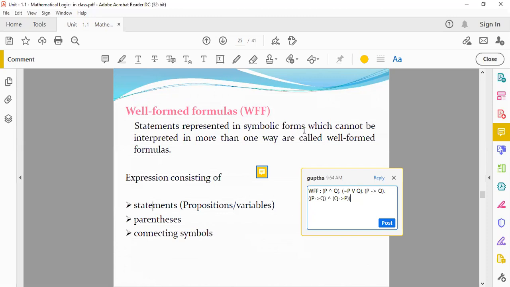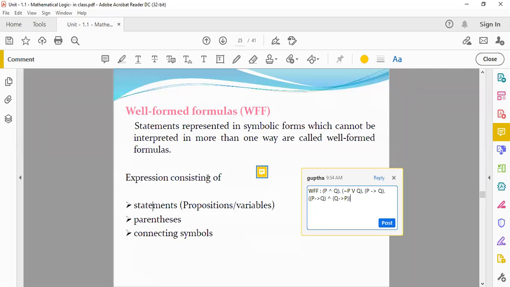Statements represented in symbolic forms, as I mentioned in the first class, we want to represent our statements in symbolic form. What are the symbolic forms? A, B, C, P, Q, R, X, Y, Z, which cannot be interpreted in more than one way, are called well-formed formulas.